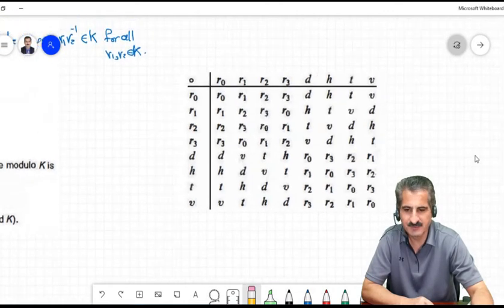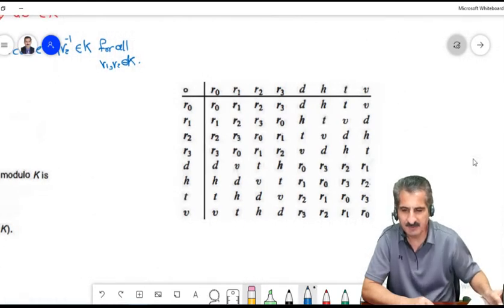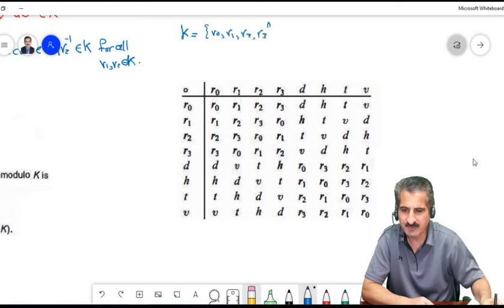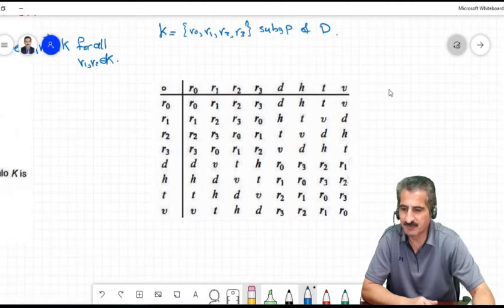So this is the multiplication table of D4, and again the group we are working with is R0, R1, R2 and R3. This is the subgroup of D4. Now we have seen that H and D are congruent modulo K, correct?